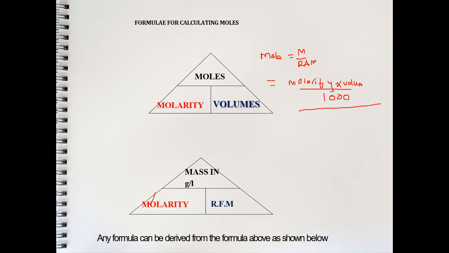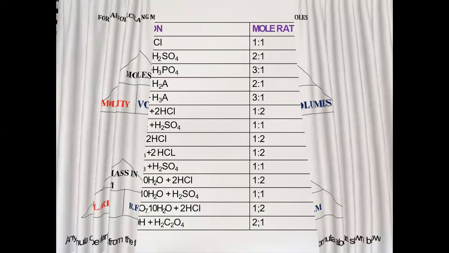Also, the mass in grams per liter can be calculated as molarity times RFM. RFM can be calculated as mass in grams per liter over molarity. So any of the formulas you can derive by making a subject of the formula. So you can check on this.